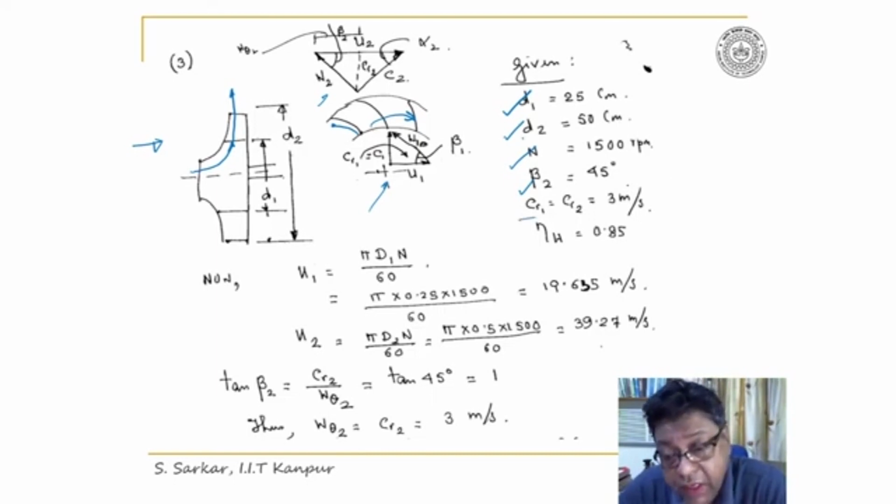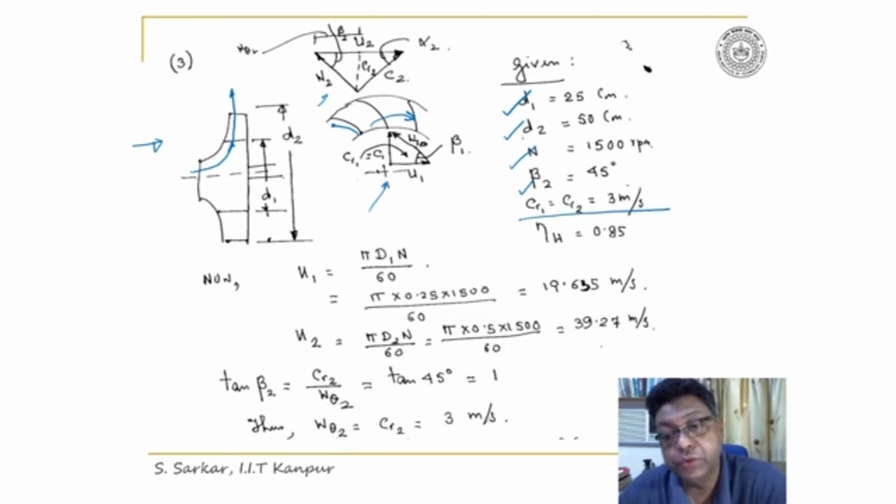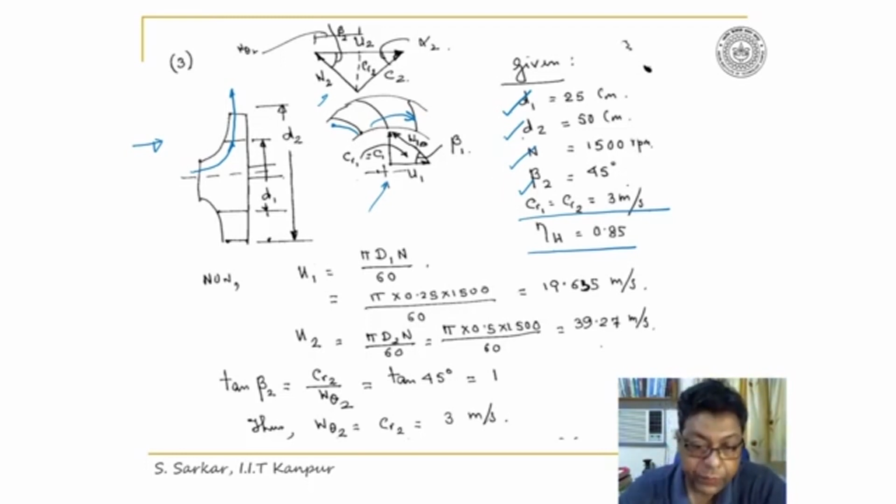Furthermore, CR1 and CR2, that is the radial velocity passing through the impeller, remain constant at 3 meters per second. Hydraulic efficiency is also given as 0.85. So I'll have to proceed.